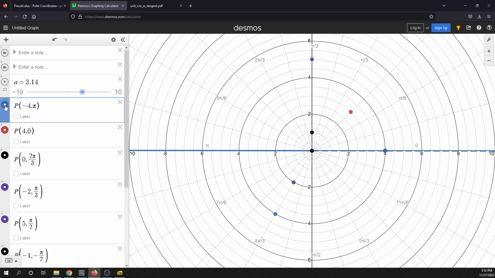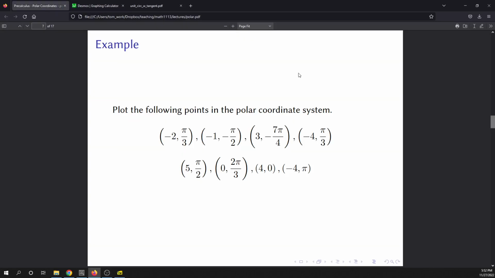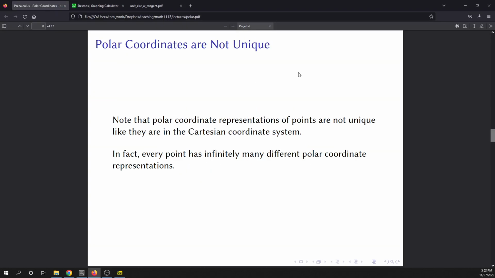They correspond to the same point, but -4 and 4 are not equal, and pi and 0 are not equal, right? So that's something that takes a little getting used to in the polar coordinate system, is that polar coordinate representations of points are not unique. In fact, right, the real story is that there are infinitely many of those things. So that's something to be careful about, okay?